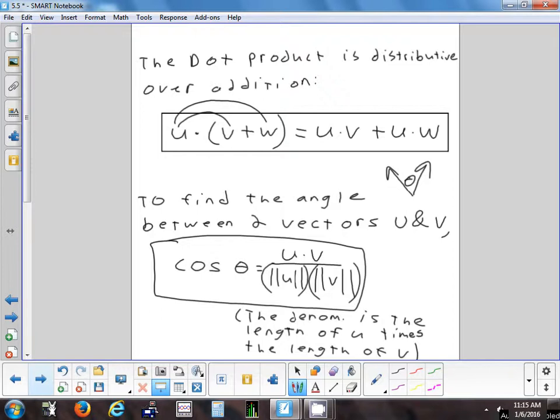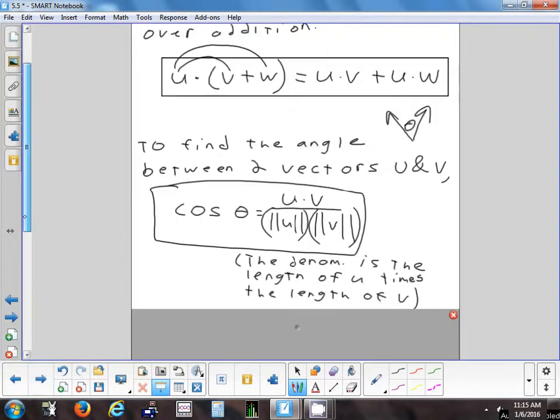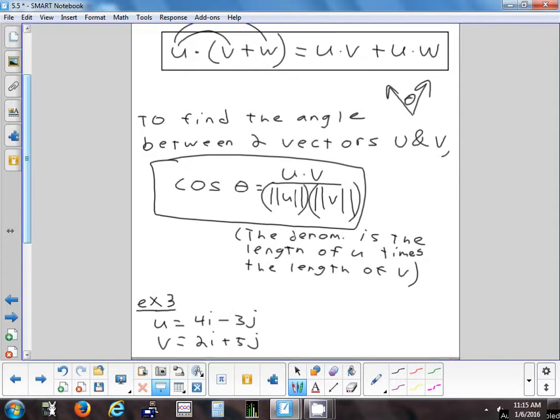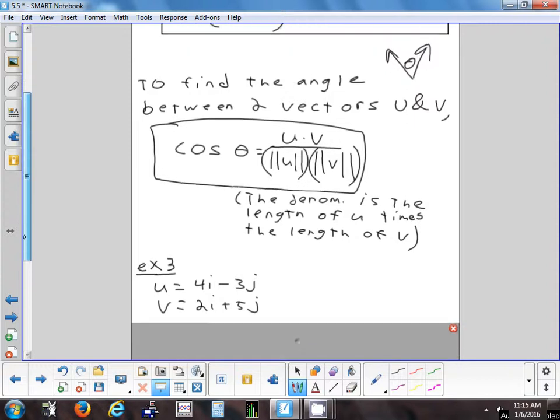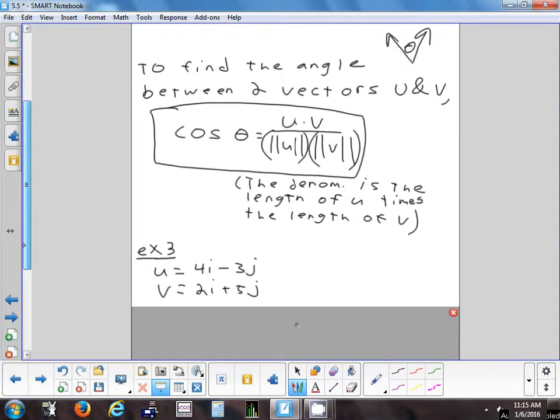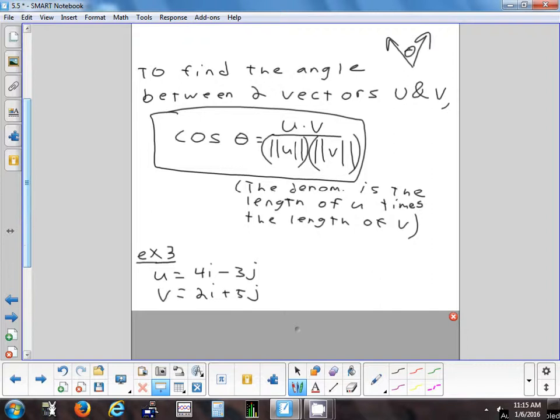So the denominator is the length of u times the length of v. The numerator is the dot product of u and v. Any question on that formula? Cosine theta equals the dot product over the product of the magnitudes.